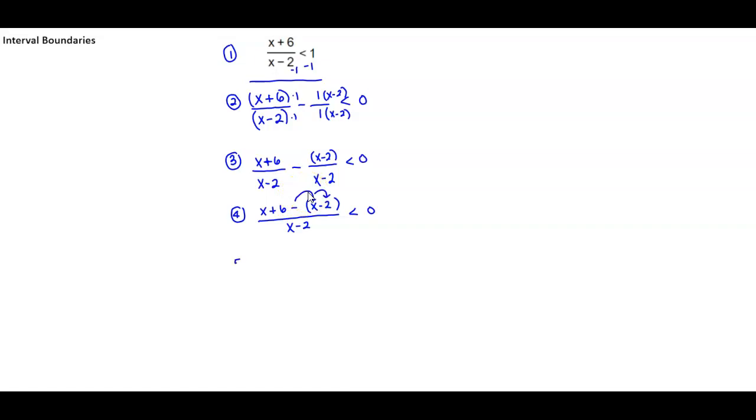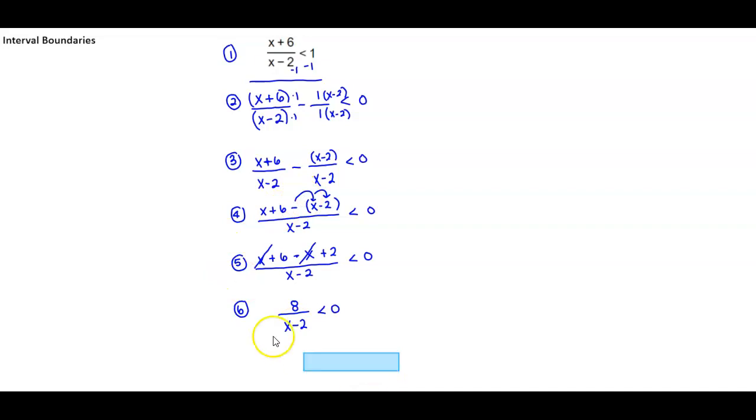When we distribute that sign, we end up getting x plus 6 minus x, and the negative times a negative 2 is a plus 2, and that's all over x minus 2. So now the x's, x minus x is 0, and 6 plus 2 is 8. So now this becomes 8 over x minus 2, which is less than 0.